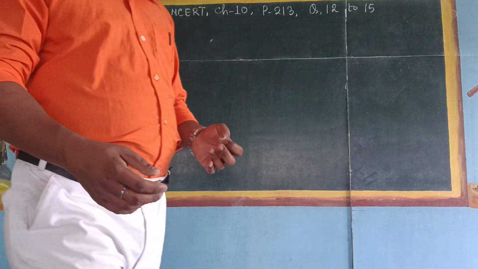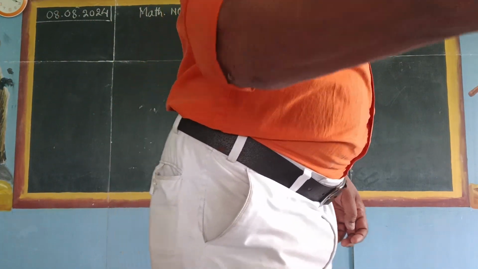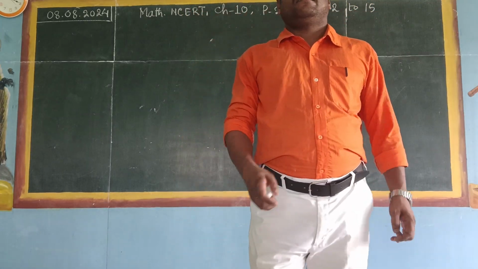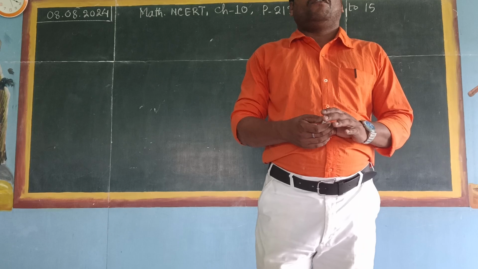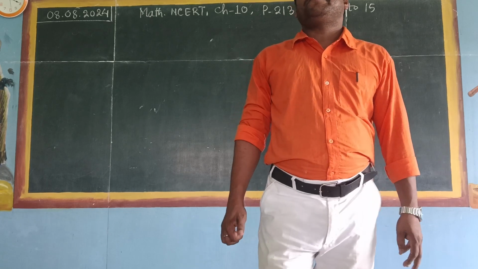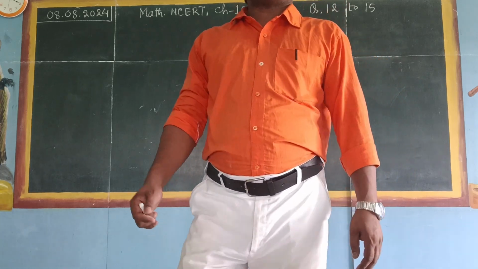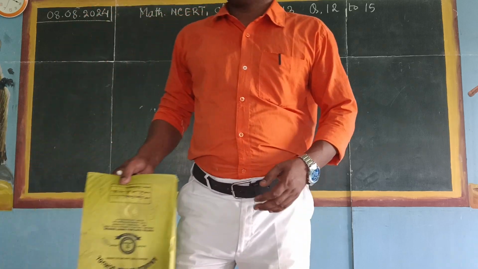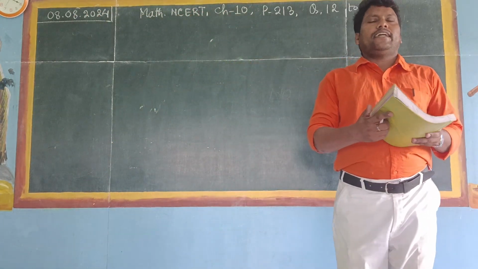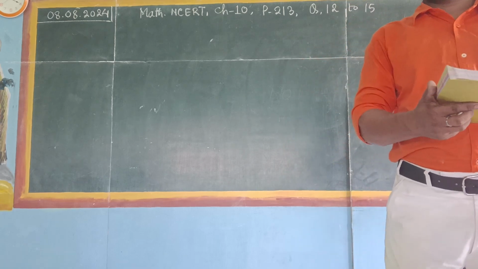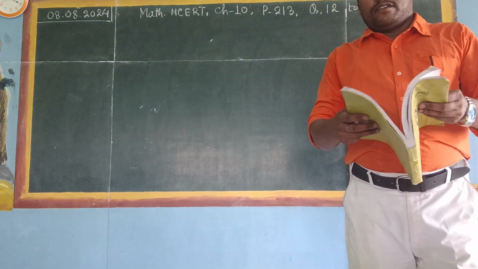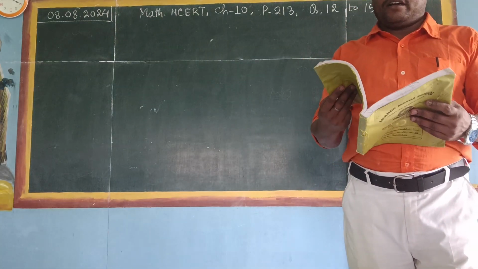In this chapter, basically the problems are on mensuration. That means perimeter and area of rectangle, square, triangle. Okay, so everybody open page number 213.